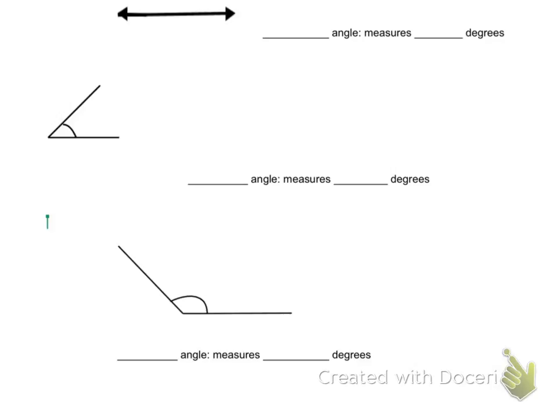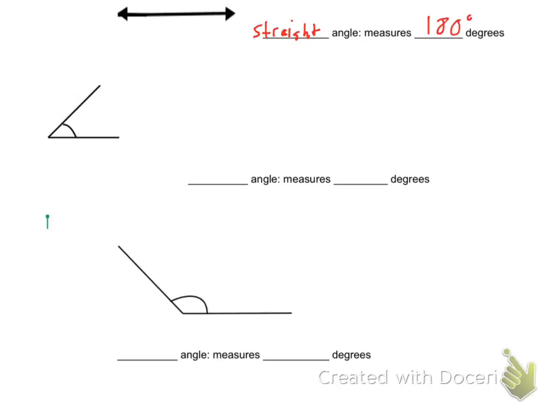What's this one called? The line is going what across? Straight. So it's a straight angle, and all straight angles measure 180 degrees.